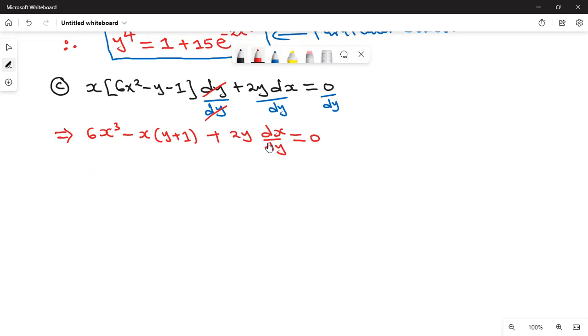I also need to make the coefficient of the derivative to be 1, so divide by 2y on both sides.